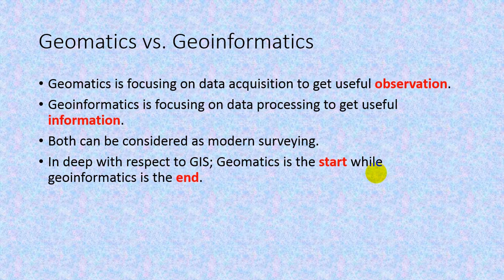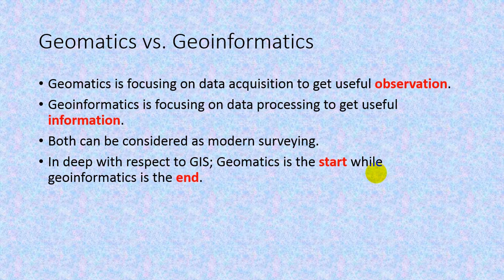While geoinformatics is focusing on data processing to get useful information. So here we are dealing with information. So the comparison is between observation and information. Of course, observations must be adjusted, then processed to get useful information.